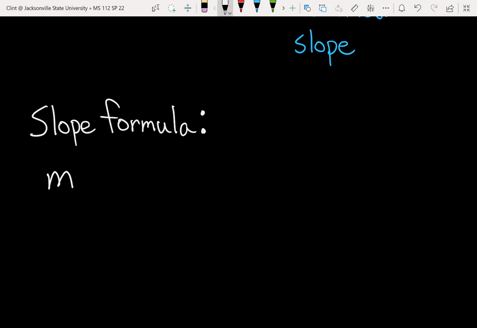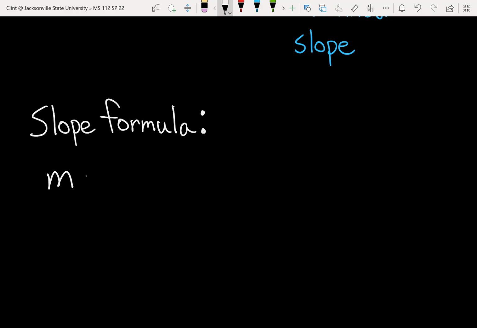I tried to look up the history on why we use m for slope, and there's not a lot of real good evidence how it got started. Some people say it comes from the German word for mountain or something like that. Was not real agreed upon, so I don't have a good answer for you why we use m for slope. Okay. That's what we have.